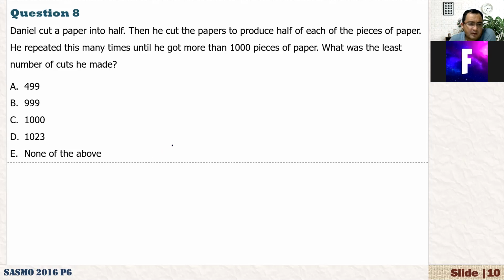The least number of cuts is only 10 actually. Here, none of the above. First cut, I have two pieces. The second cut, two into four pieces. Third, I have eight pieces. Number four is 16. Number five is 32.